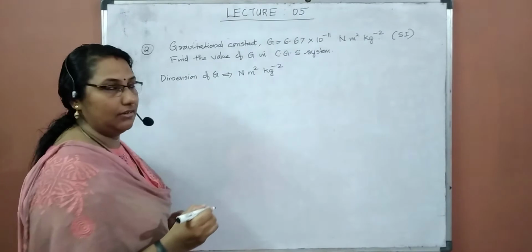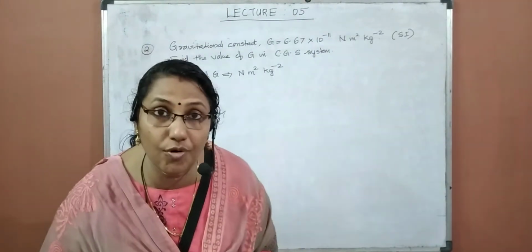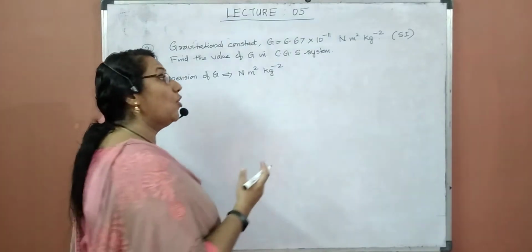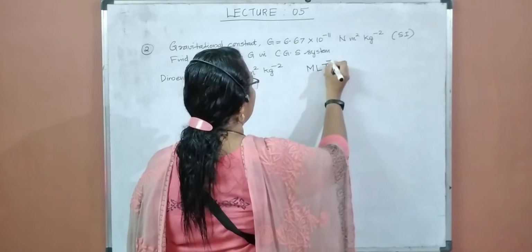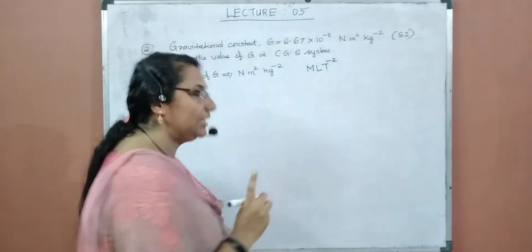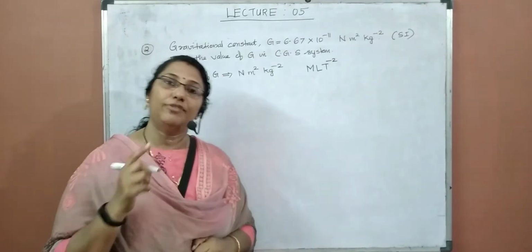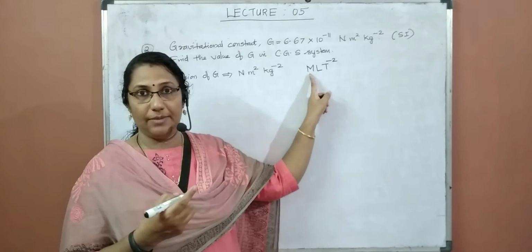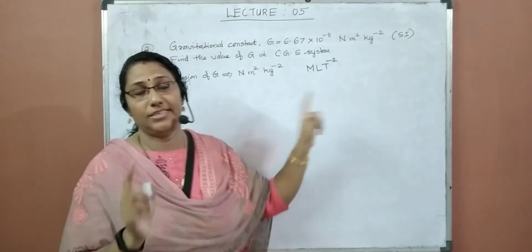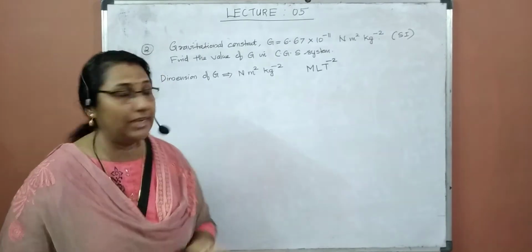Newton is the unit of which physical quantity? Force. Newton is the unit of force. Equation for force is F is equal to m a. Mass M, acceleration a, L T raised to minus 2. So Newton has a dimension of M L T raised to minus 2.